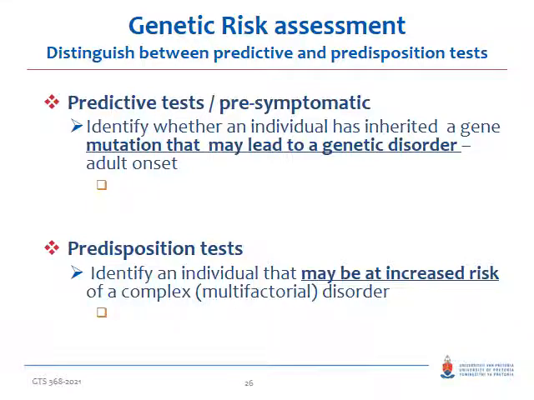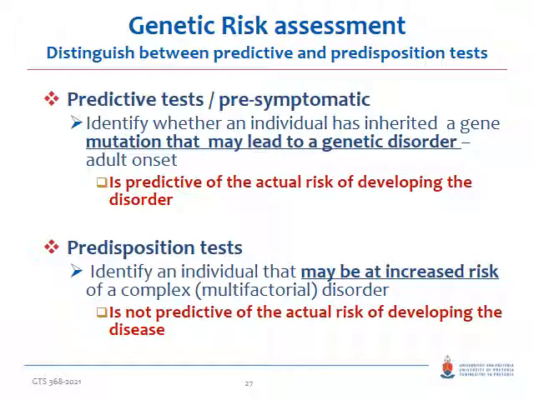In predisposition testing, the testing will identify an individual that may be at an increased risk of a complex disorder. An example is testing for the apolipoprotein E, or ApoE, gene in Alzheimer's disease. In this case, the risks are not that clear-cut.